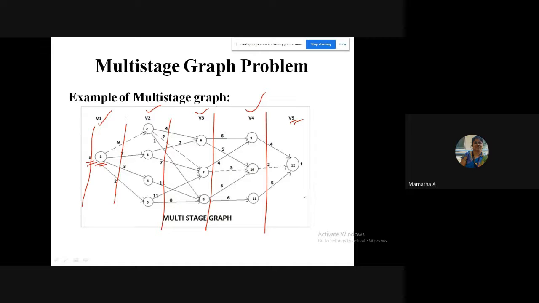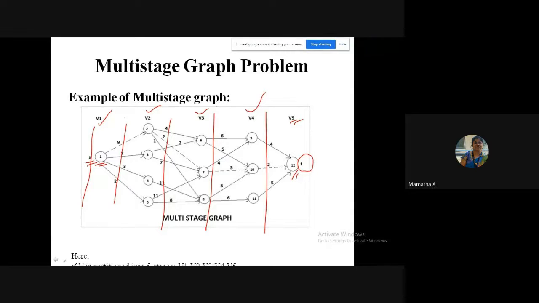And observe there is only one vertex at the end, which we call the sink, named T. You can observe the edges are weighted and directed, moving from one stage to another stage. You can observe here 1 to 2, then 2 to 6. Nowhere is there an edge within the same stage, or from the current stage to the previous stage. There is no edge from 6 to 4. Like this, you will have the multi-stage graph.